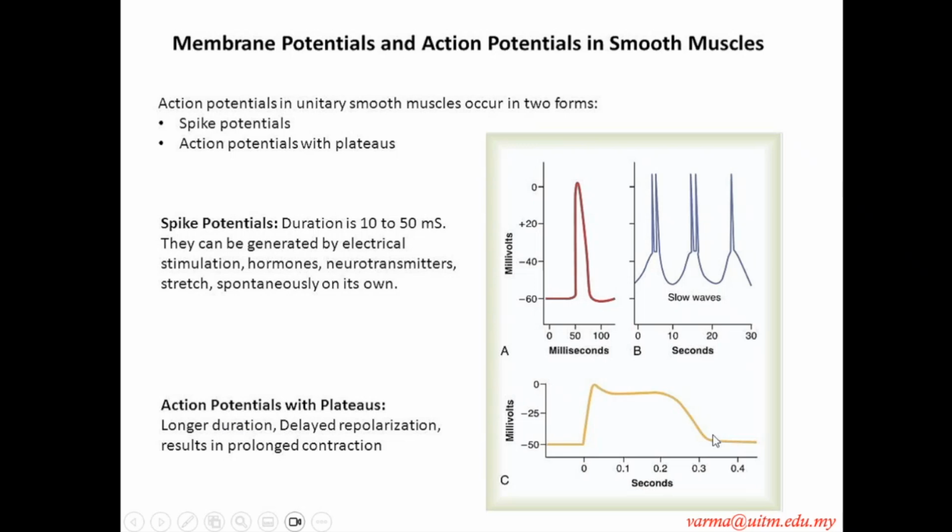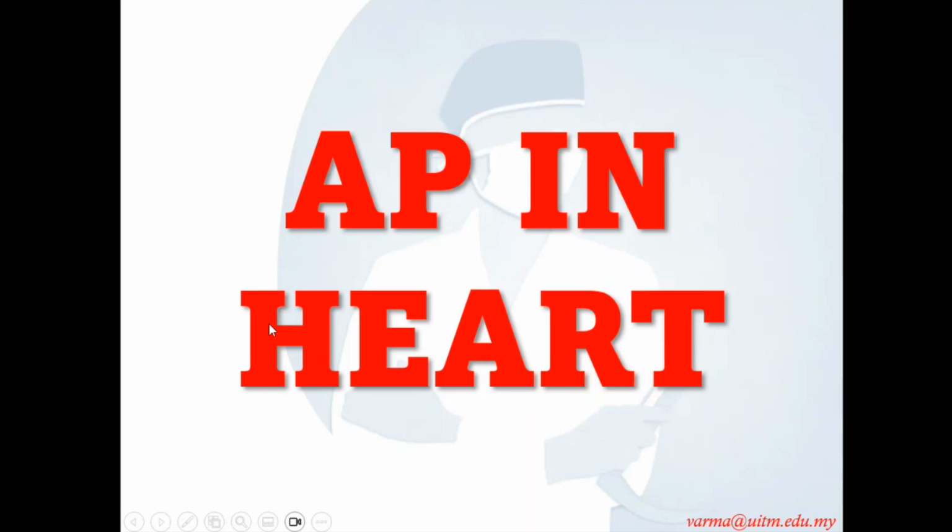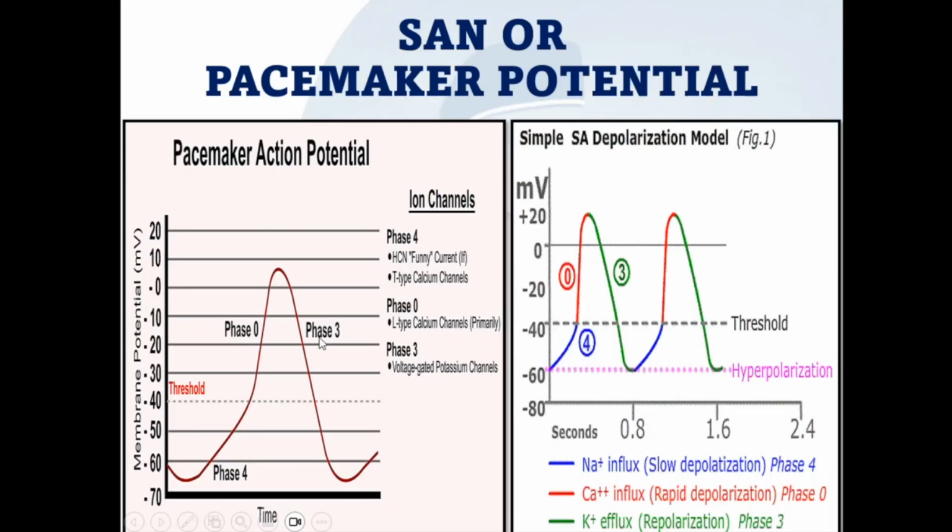Whereas cardiac has an action potential with a proper plateau. This is the comparison with your skeletal and your smooth. This is your skeletal, this is your smooth muscle, spike potential, and this is your cardiac. These are the differences. Now for the action potential in the heart, we come to two main things: the pacemaker potential or SAN potential, and the ventricular potential.